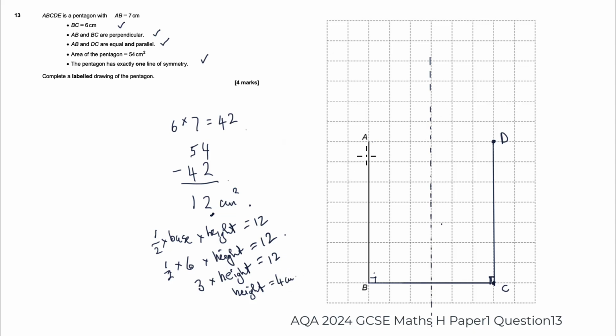And there's the base AD. The height is 1, 2, 3, 4 centimetres. A, B, C, D, E. And we must join this up using the ruler again. So there's one side.